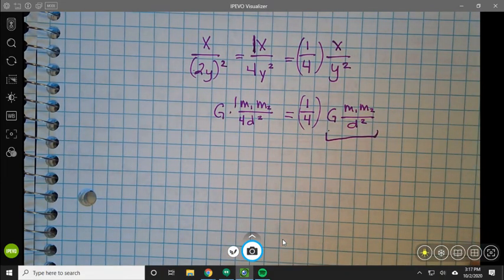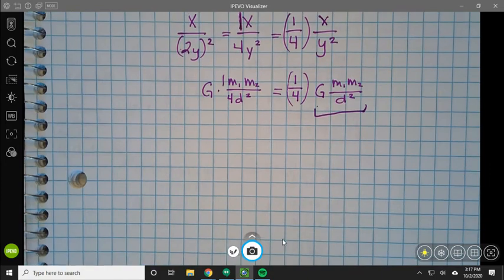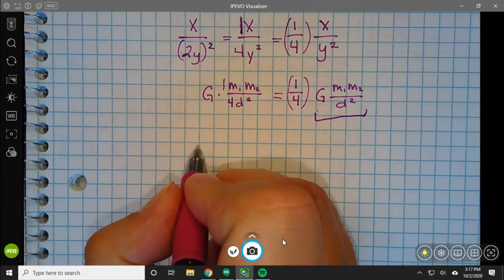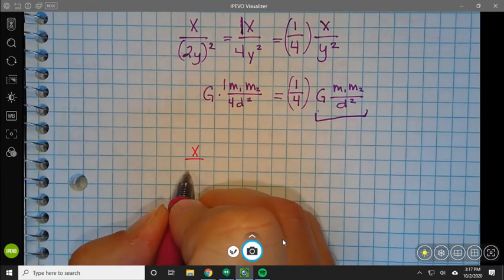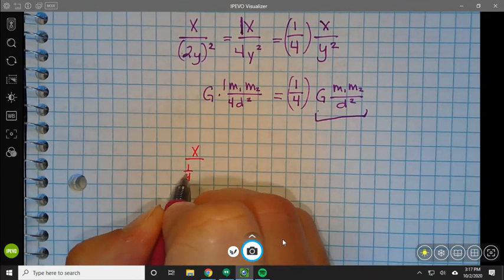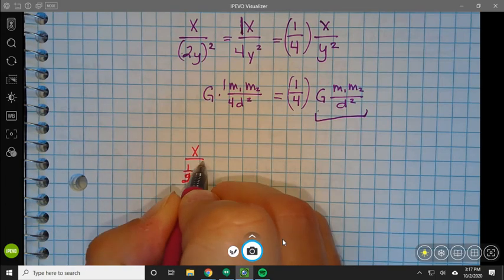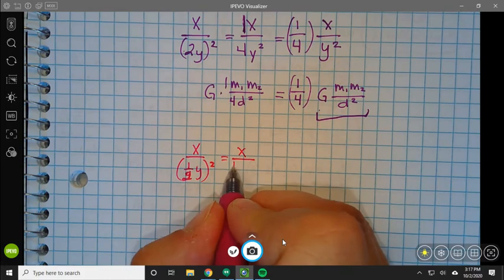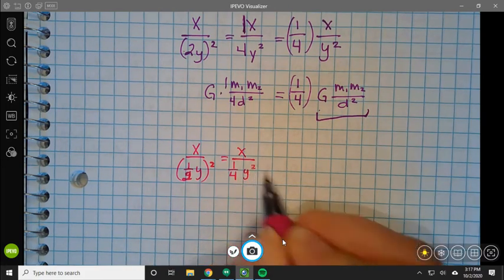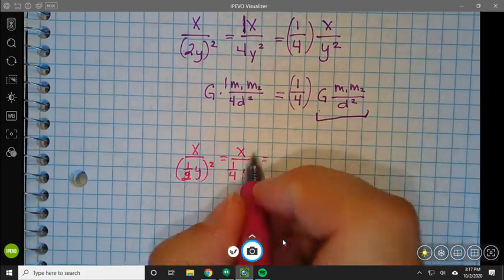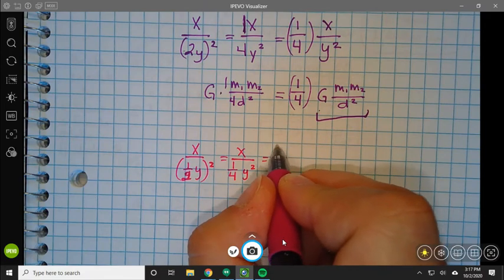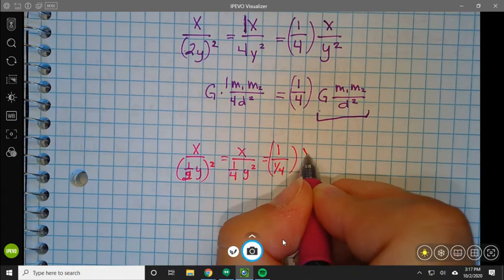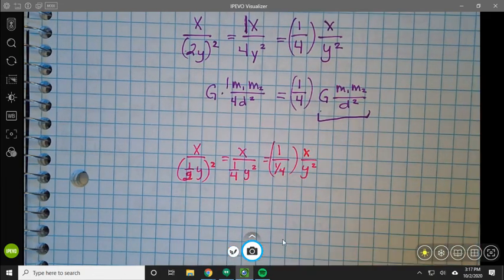So we went through that and we looked at it again with the second value. And so I'll just go through that. So if we have x over 1/4, 1/2 y squared, that would be x over 1/4 y squared, which would be the same as 1 over 1/4 times x over y squared.